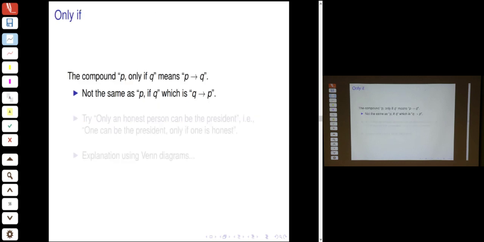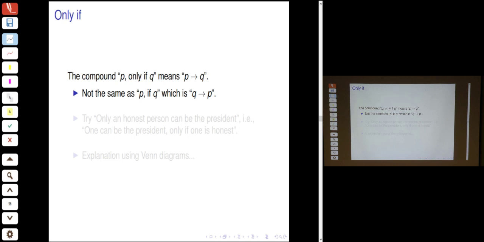Okay. Now, there is a closely related connective. It's called only if, or only. So here sometimes you see P, comma, only if Q. It means P arrow Q. Okay.